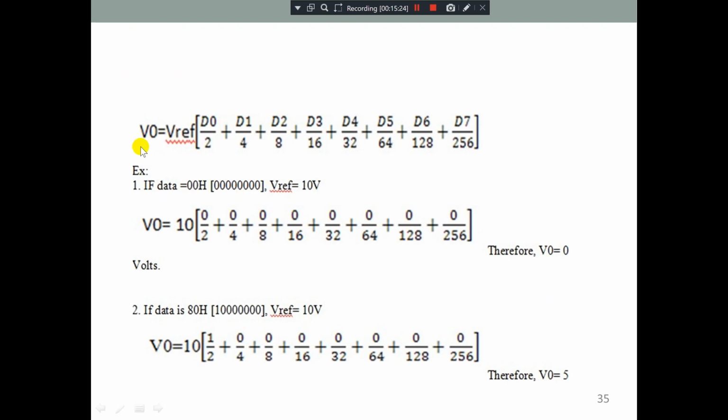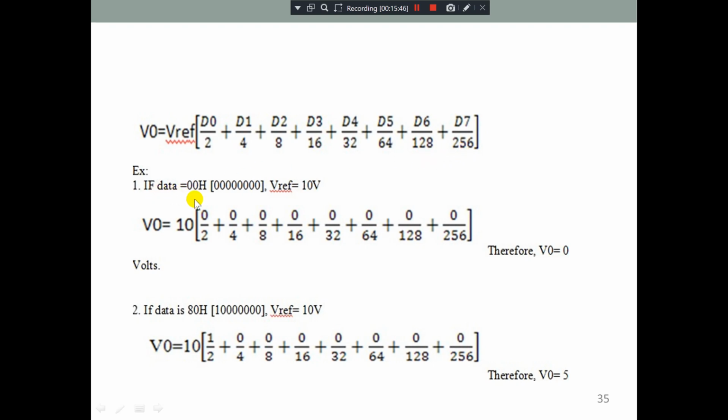If you take the equation for output voltage, it is V reference times D0 by 2 plus D1 by 4 plus D2 by 8 plus D3 by 16 plus D4 by 32 plus D5 by 64 plus D6 by 128 plus D7 by 256.